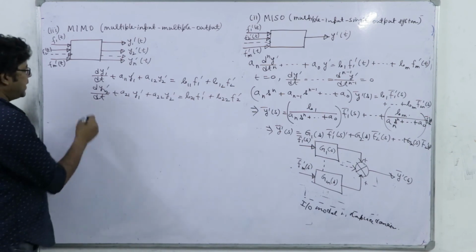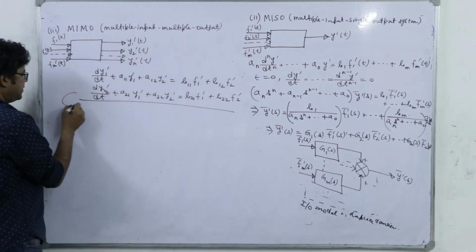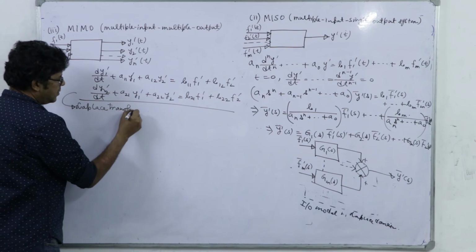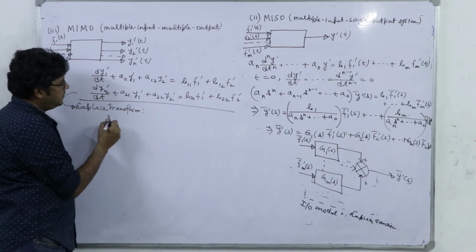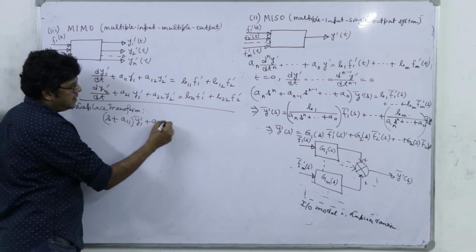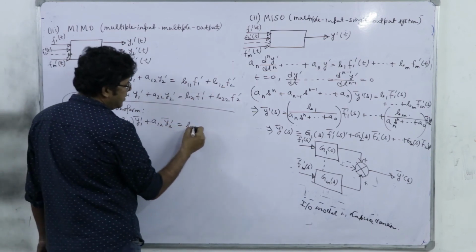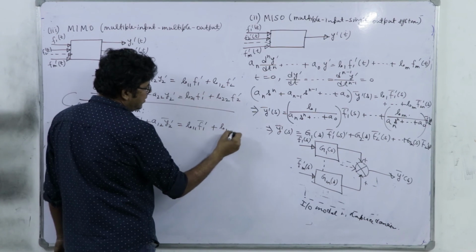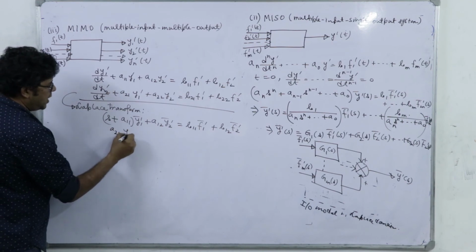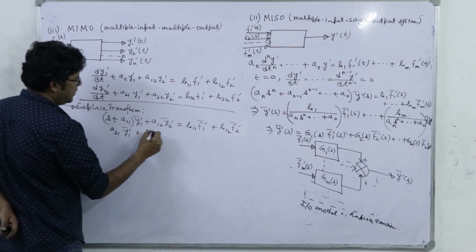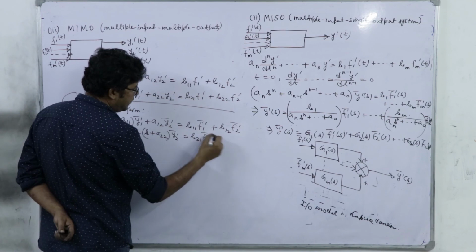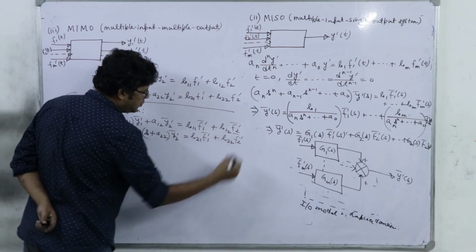If I take the Laplace transform, (S plus a11) y1 prime bar plus a12 y2 prime bar equals b11 f1 prime bar plus b12 f2 prime bar, and a21 y1 prime bar plus (S plus a22) y2 prime bar equals b21 f1 prime bar plus b22 f2 prime bar.